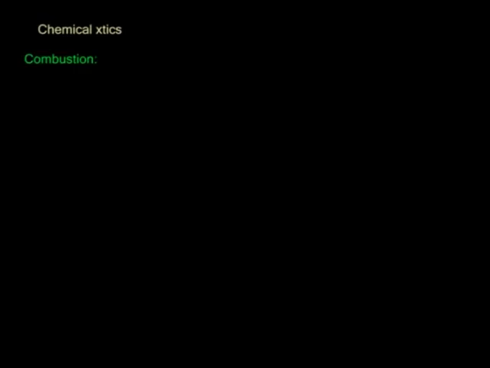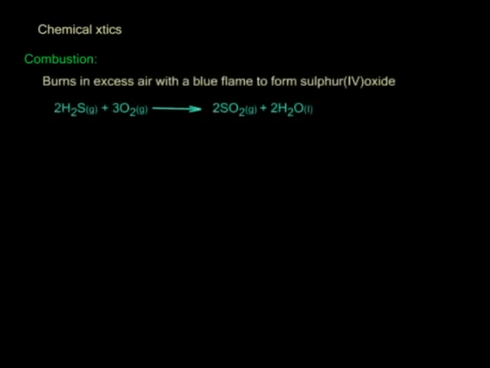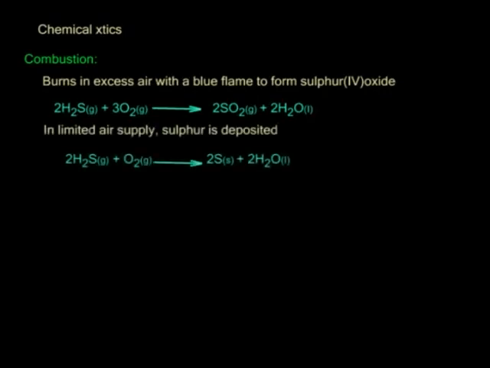Chemical properties. Combustion. Hydrogen sulfide burns in excess air with a blue flame, forming sulfur 4 oxide. In a limited supply of air, free sulfur is deposited. Reducing properties of hydrogen sulfide. Hydrogen sulfide is a strong reducing agent.